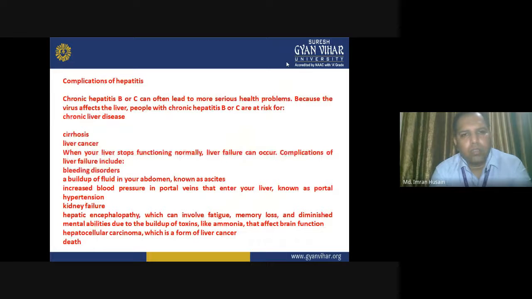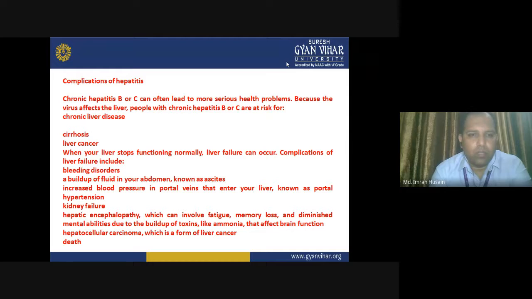So, complications of hepatitis B. Chronic hepatitis B or C can often lead to more serious health problems because the virus affects the liver. People with chronic hepatitis B and C are at risk of chronic liver disease, cirrhosis, and liver cancer. When your liver stops functioning normally, liver failure can occur.